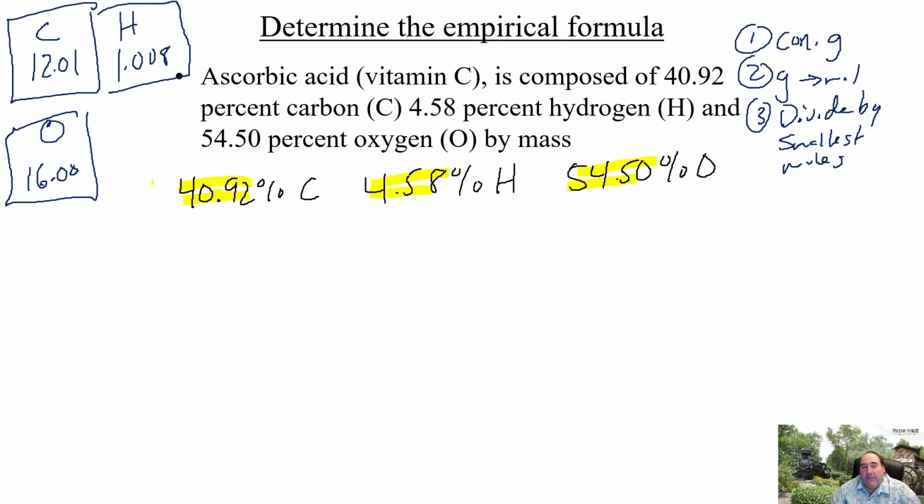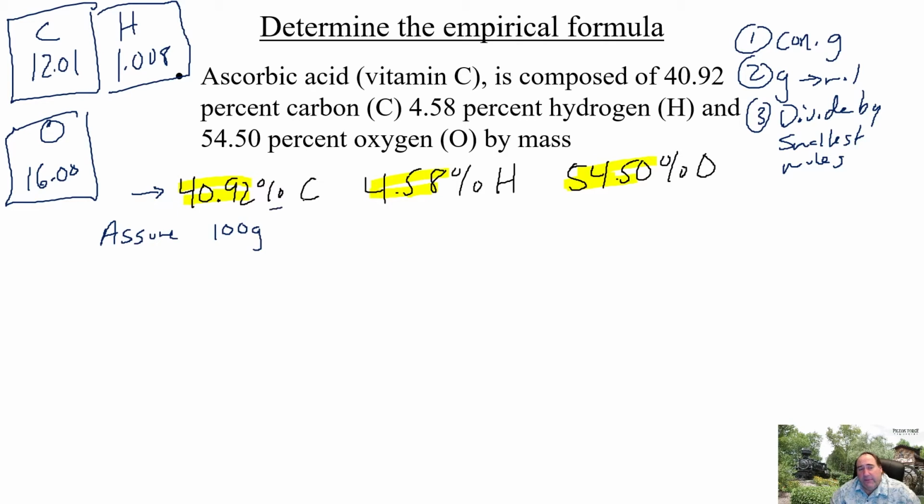The reason we want to check this is if we are not adding up to 100%, we're probably missing a particular element here. So we would have to figure out the percentage of the missing element. You can do that by subtracting from 100. Since we are pretty close to 100 here, we could assume 100 grams.